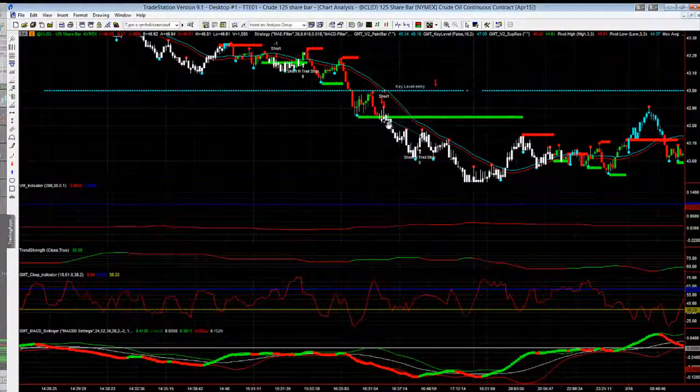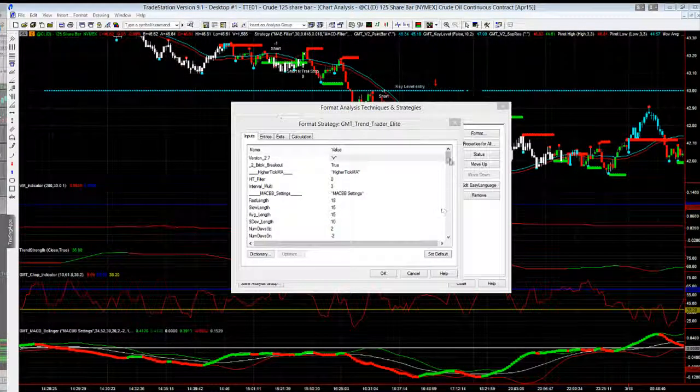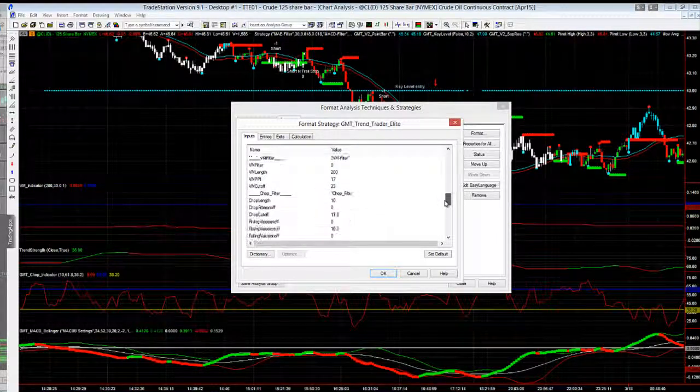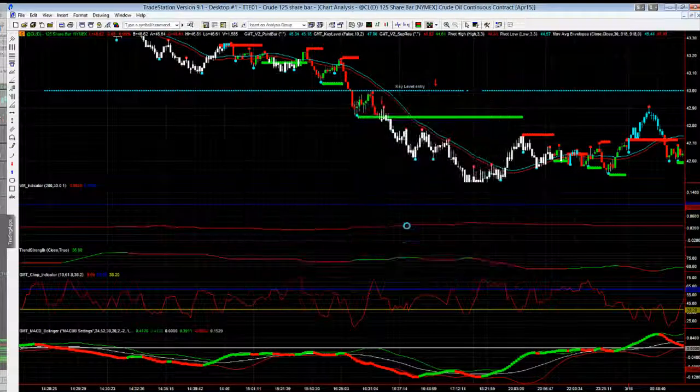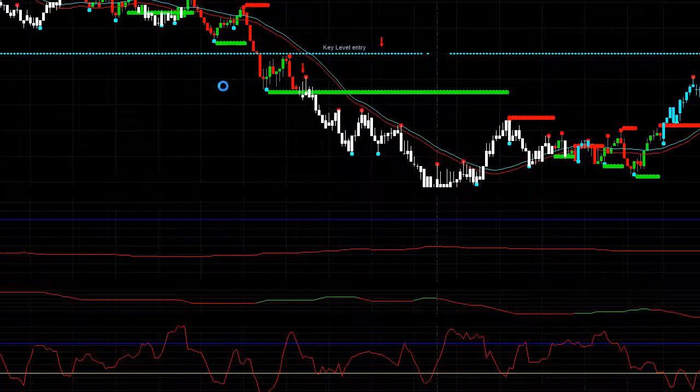You can see I've got that on, and it's picking that up beautifully. The value is 20, so within 20 points of the key level, it's allowing us to take a trade. If I go in now and change that to 10, you'll see that we lose that trade setup, because it falls outside of the zone we've dictated. 42.90 would be 10 points away from the 43 key level.